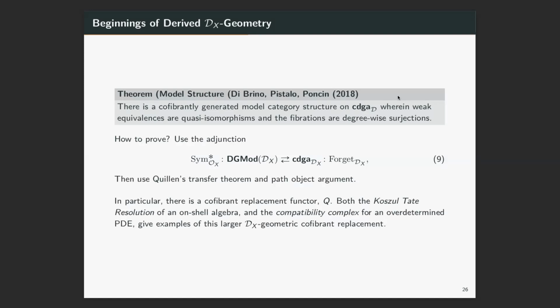If you're familiar with their book, they wrote about this one-complex-dimensional 2D CFT algebro-geometric approach, where D-geometry was coined and they worked out a lot of things, but they left open the homotopical generalization to higher dimensional varieties. This model structure was established by Gennaro Di Brino, Damien Pavlov, and Norbert Poncin in 2018, maybe, or a bit before that.